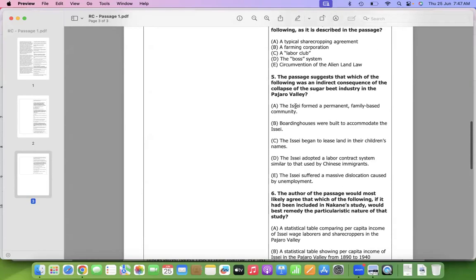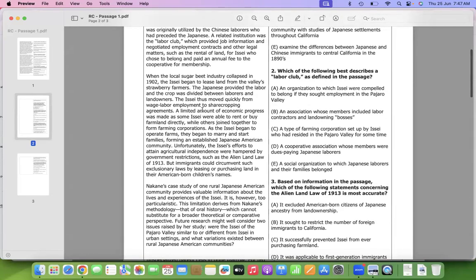First, we'll find this location. This is the location. Next sentence says the Japanese provided the labor and the crop was divided between laborers and landowners. And you're calling this sharecropping. They moved from wage labor to sharecropping. This is your location.